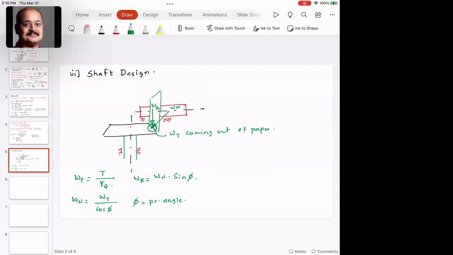Now, what are the steps? I will just write these down. Wt is the tangential load, Wn is the normal load, and Wr is the radial load.